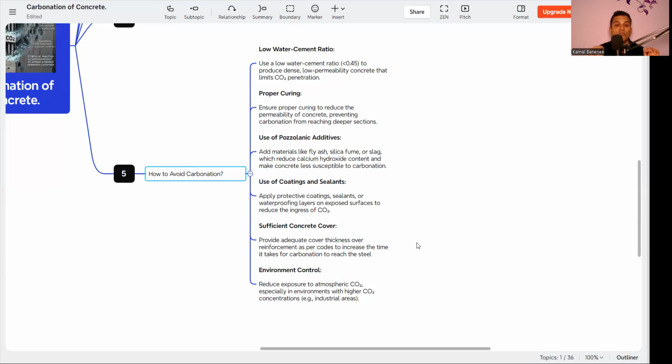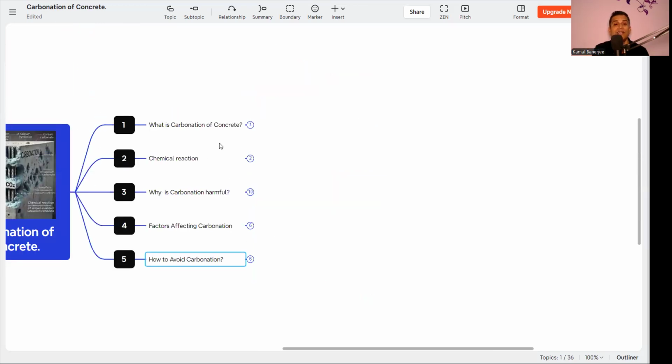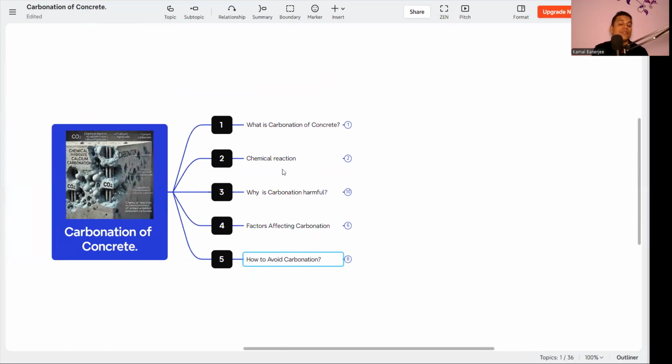So another way to control the carbonation of concrete is to reduce the carbon footprint on the planet. So this is all about the carbonation of the concrete. That is what is carbonation of concrete, what is the chemical reaction, why it is harmful, what are the factors affecting carbonation, and how to avoid the carbonation.